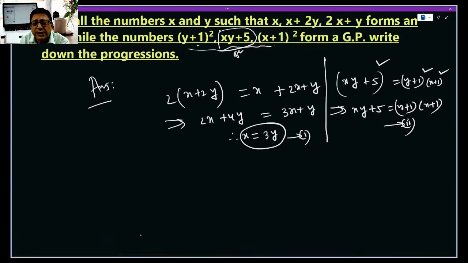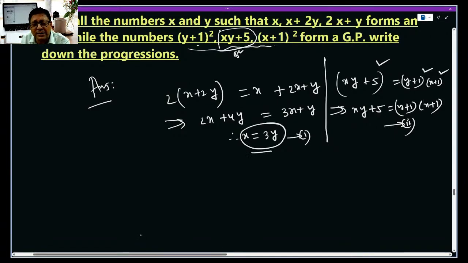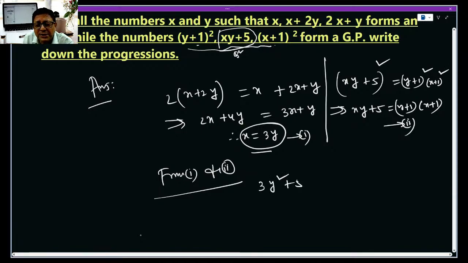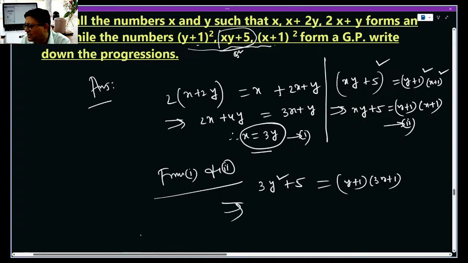How to? You take x equal to 3y and substitute there. From 1 and 2, put x equal to 3y: 3y square plus 5 equals (3y + 1)(y + 1). Isn't it?